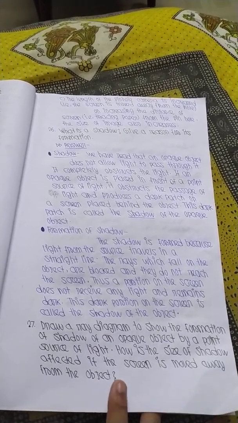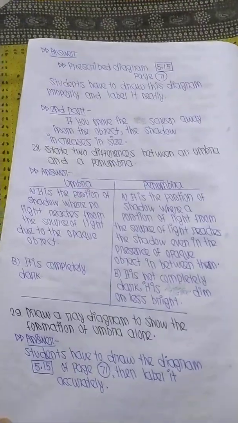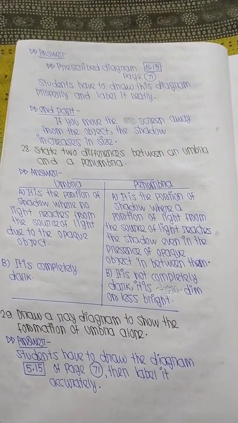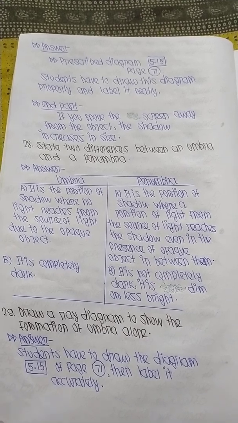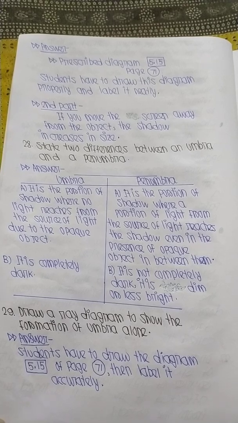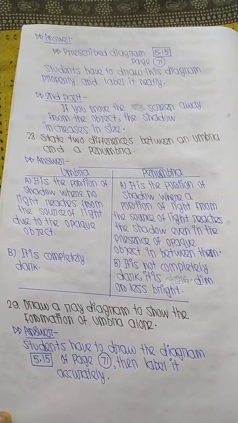Now come to the answer. First, you have to draw the diagram 5.15 of page number 71 properly and then label it neatly. Now come to the second part of the answer.